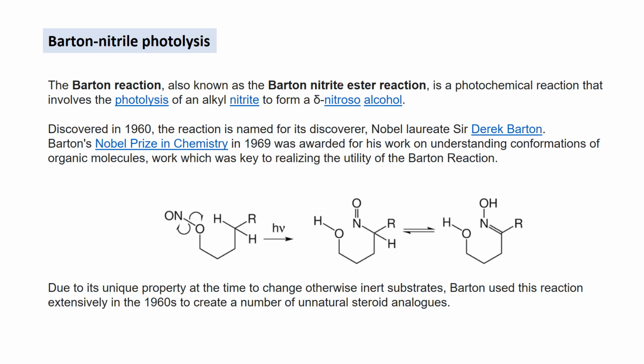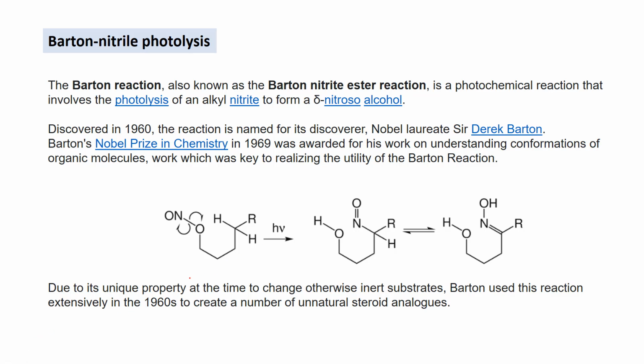It was discovered by Nobel laureate Sir Derek Barton, and he got the Nobel Prize in 1969 for his work in understanding conformations of organic molecules, which was the key to realizing the utility of the Barton reaction.